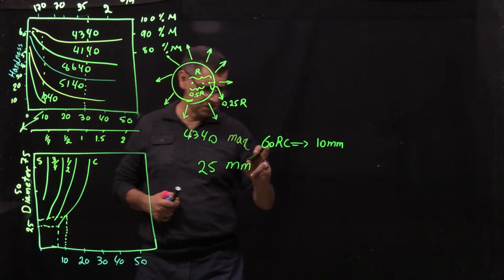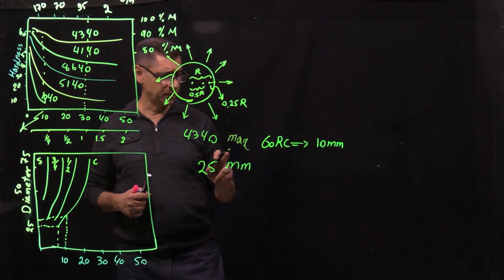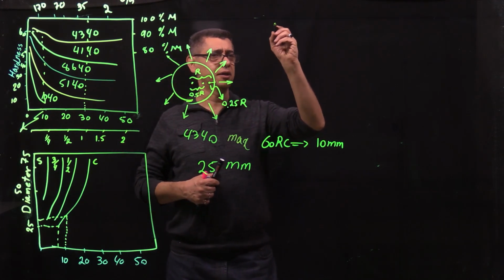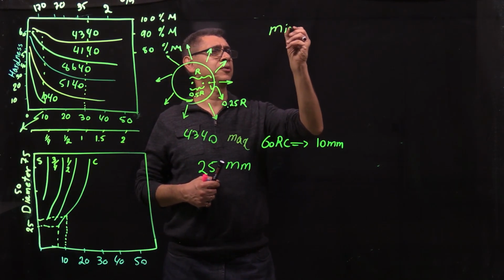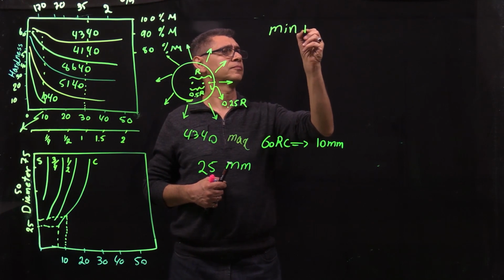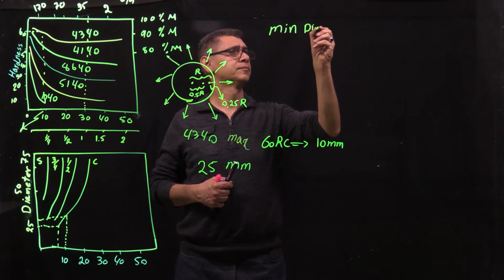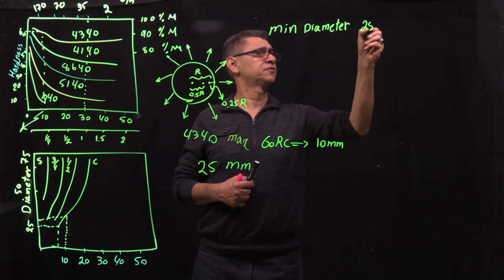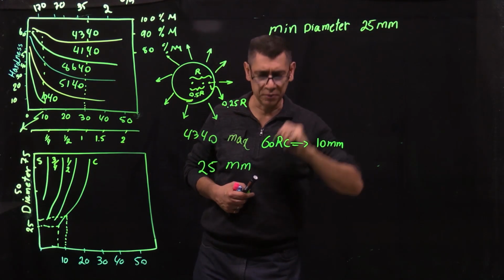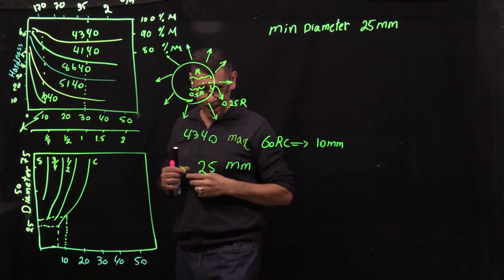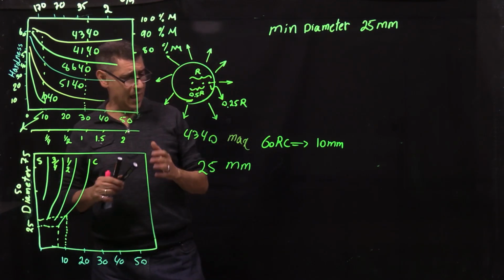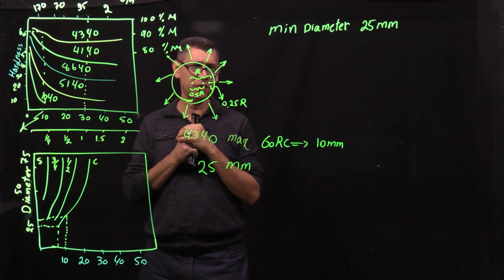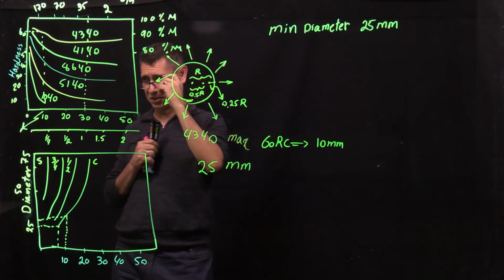So the maximum hardness is 60, the minimum diameter is 25. So I write here the minimum diameter is 25 millimeter.